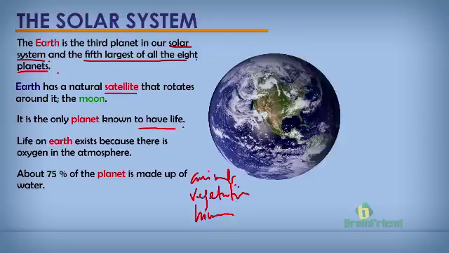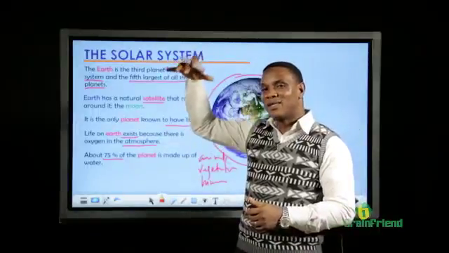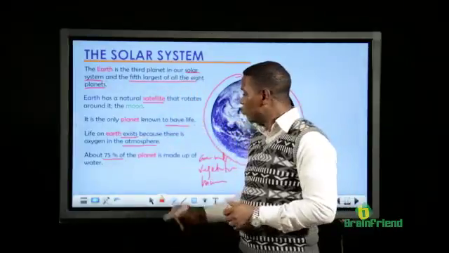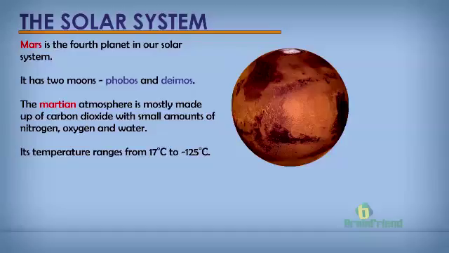Life on Earth exists because there is oxygen in our atmosphere. The Earth, which is also referred to as the blue marble, is made up of 75% water. So from space, the Earth looks very blue because of the abundance of water within it.